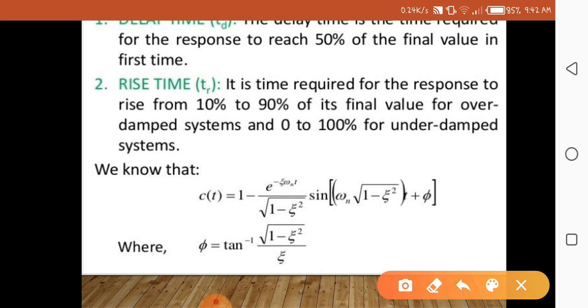Now rise time. The rise time is the time needed for the output to be equal to the input for the first time.